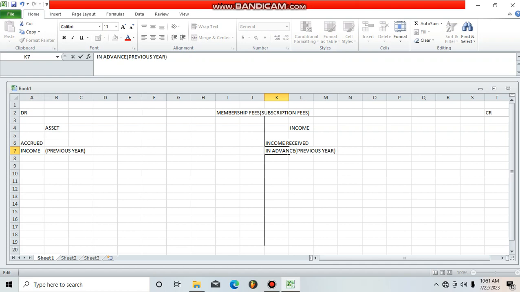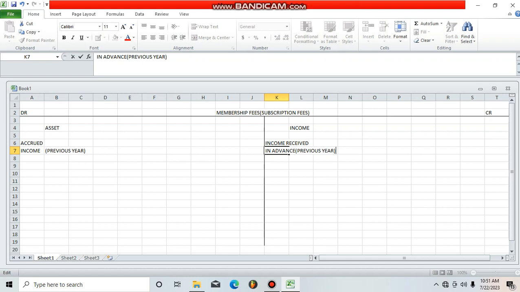As I told you, on the credit side it behaves as an income, and obviously it's an income that was received in advance. On the debit side we have assets, and accrued income falls under current assets, under debtors control or the trade receivables note.